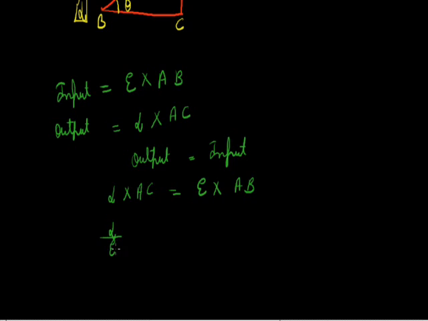L by E will be equal to AB by AC, where AB is the length of the inclined plane, that is small l, and AC is the vertical height, that is small h.